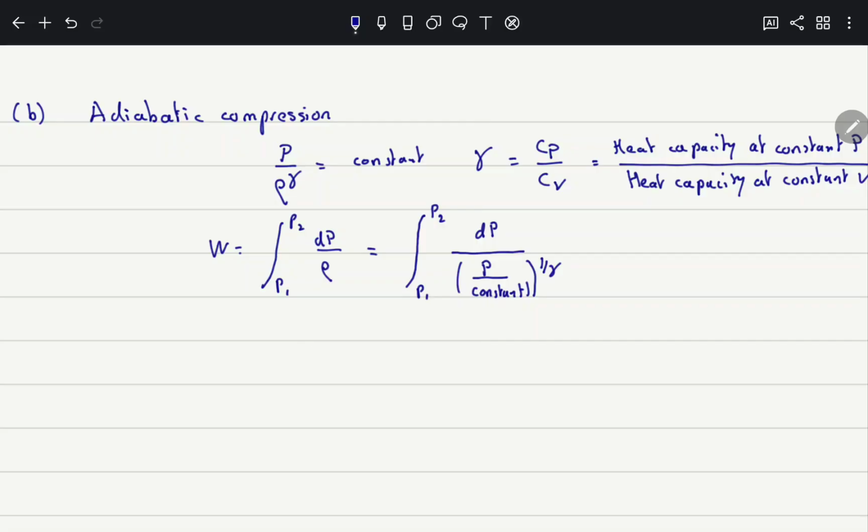Okay, so from there, we're basically going to do the same, take the constant terms out of the integral. It's going to give us W equals, this time, the constant to the power of 1 over gamma, and the integral between P1 and P2 of dP over P to the power of 1 over gamma.